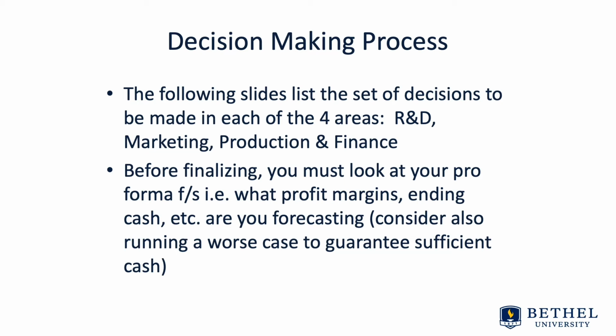What if we made no changes at all to the product, what would the pro forma look like? And make sure you've got enough cash to follow that worst case scenario, and then go back and re-put in your preferred answers to run your suggested changes.